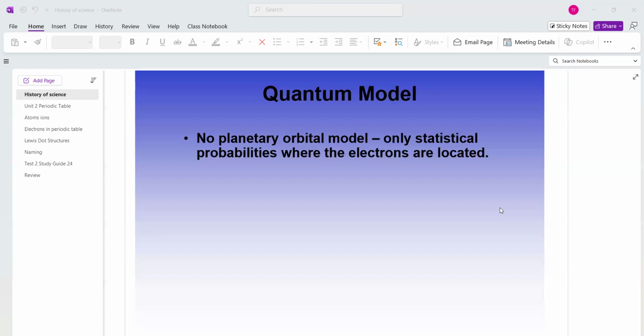It's kind of interesting how it evolved. And I want you to note also that the model evolved because the data did not fit the model. So the model had to change, not the data. You can't argue with your data unless you interpreted your data incorrectly.